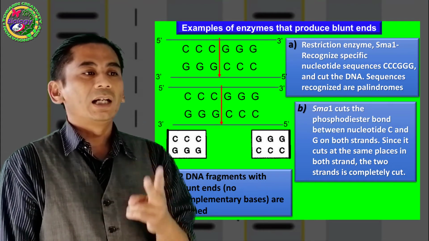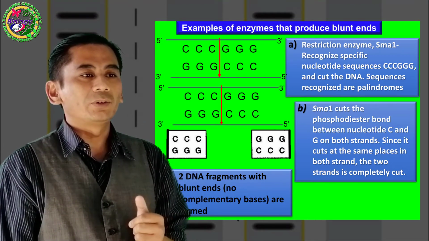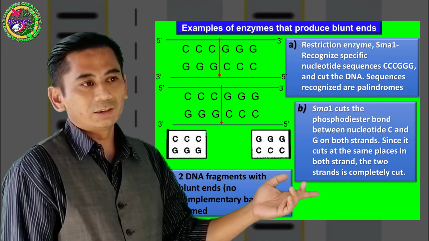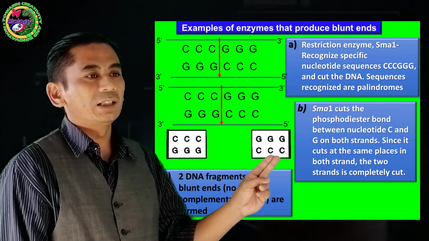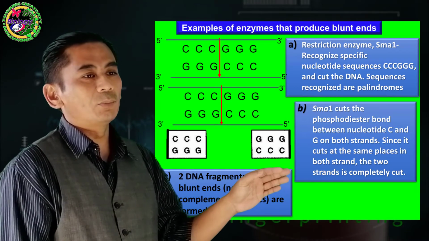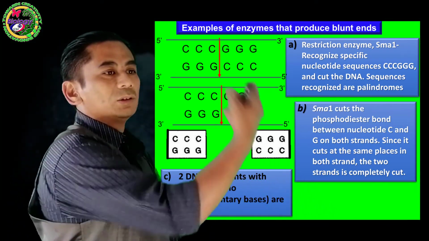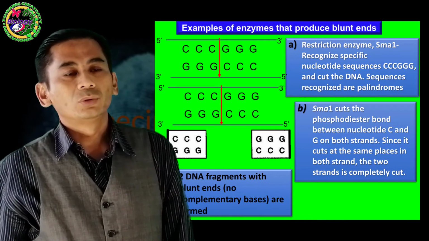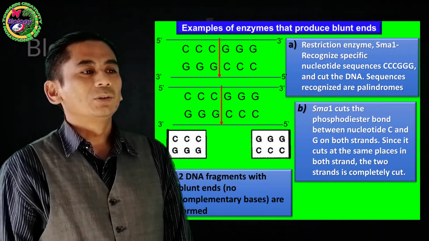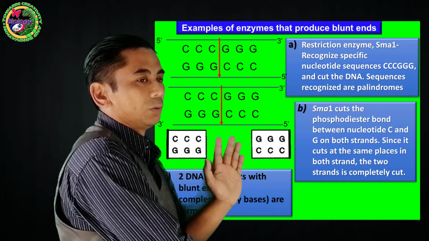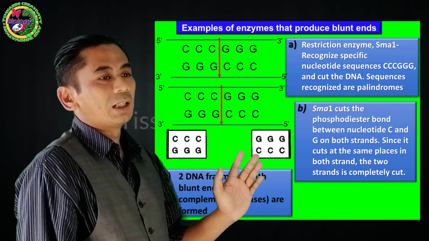SmaI cuts the phosphodiester bond between the nucleotides C and G for both strands. Since it cuts at the same place in both strands, the two strands are completely cut through. Two DNA fragments with blunt ends with no complementary bases are formed.